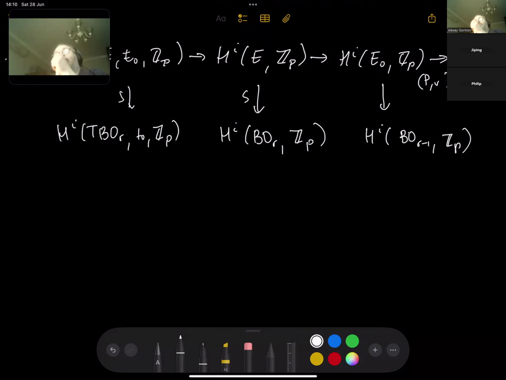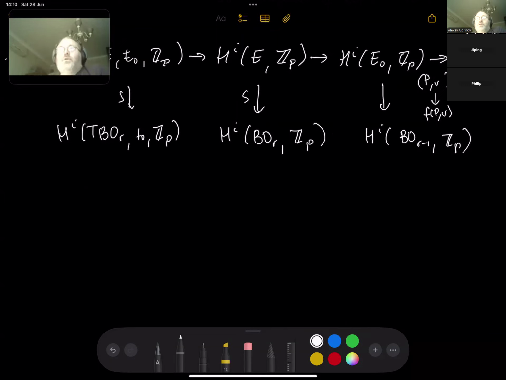Then this map gives us the orthogonal complement of v in P. So this is a map from E0 to BO(R-1).